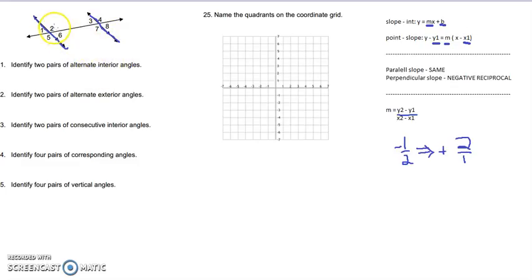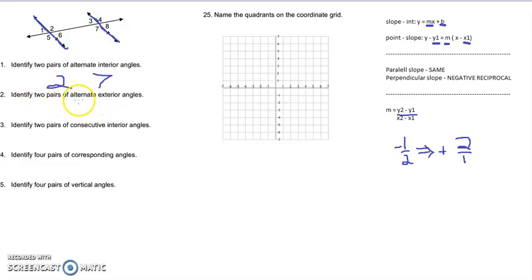Interior means you're inside the walls, so that's 2, 6, 3, and 7. Alternate means they're across from each other. So you can say 2 and 3 are alternate interior angles. I'm sorry, not 2 and 3. 2 and 7 are alternate interior angles, as well as 6 and 3 are alternate interior angles.